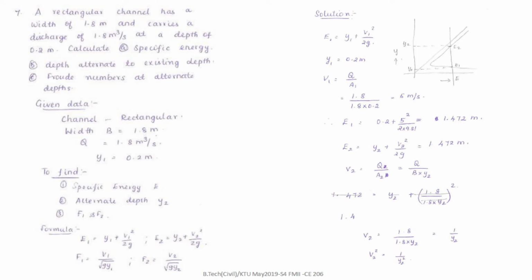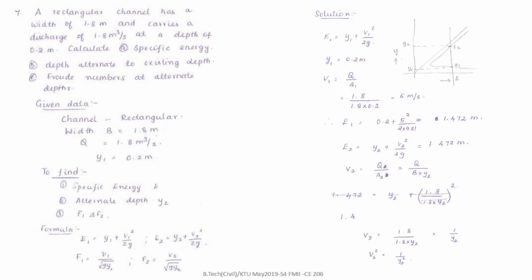So, listen carefully. Here it is a specific energy problem. First write down the given data. The channel is a rectangular channel. B is equal to 1.8 meter and the discharge Q is equal to 1.8 meter cube per second, and it has a depth of 0.2 meter, that is y1.